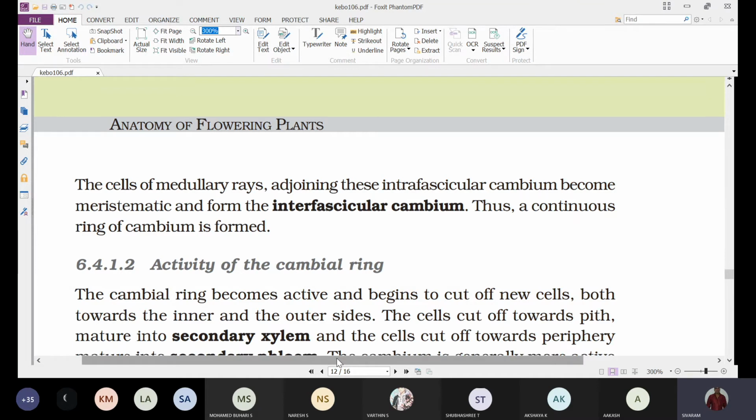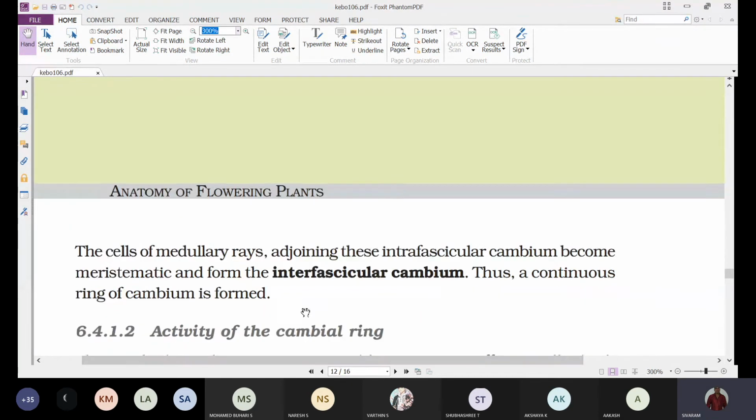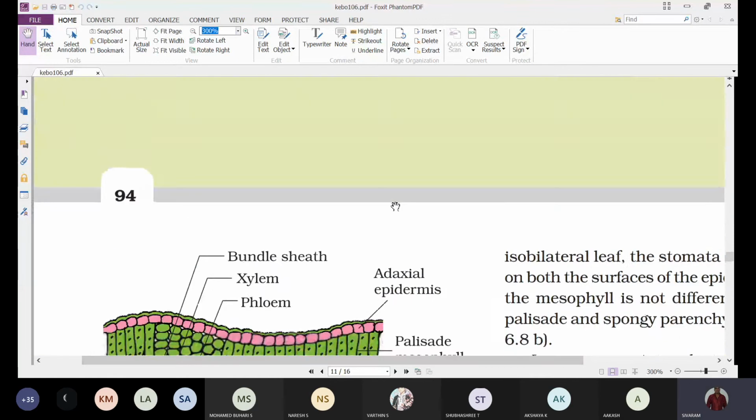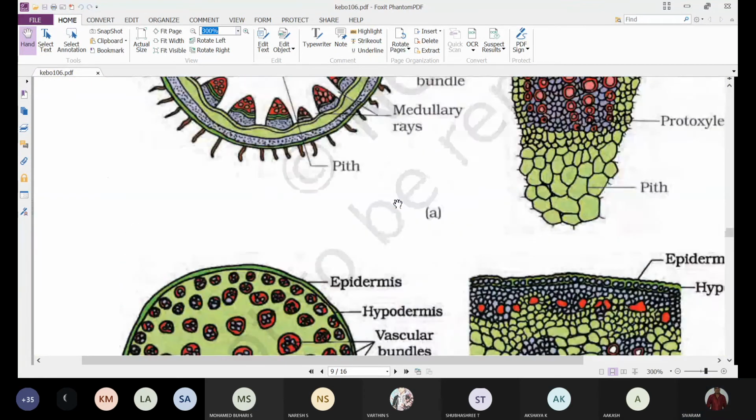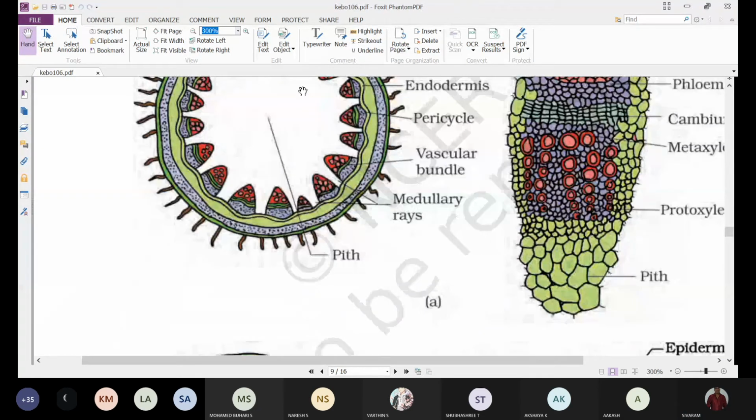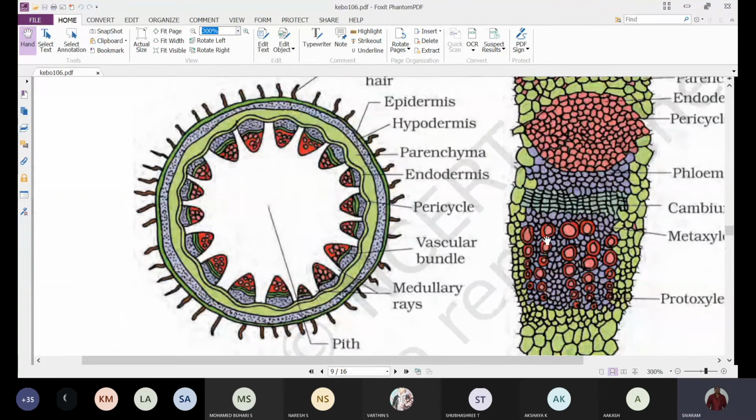Thus, a continuous cambium is formed. So, we'll go back to the dicotyledonous stem.